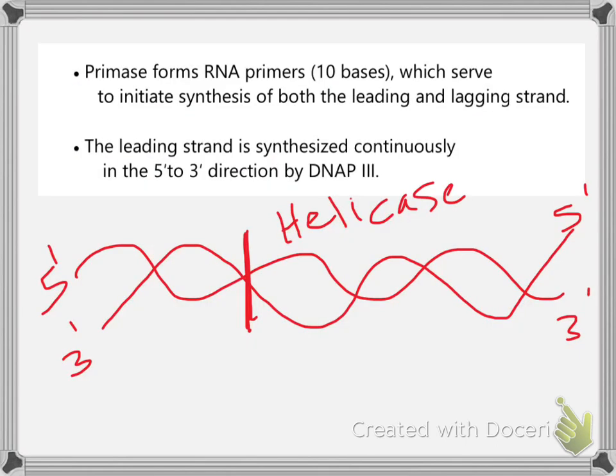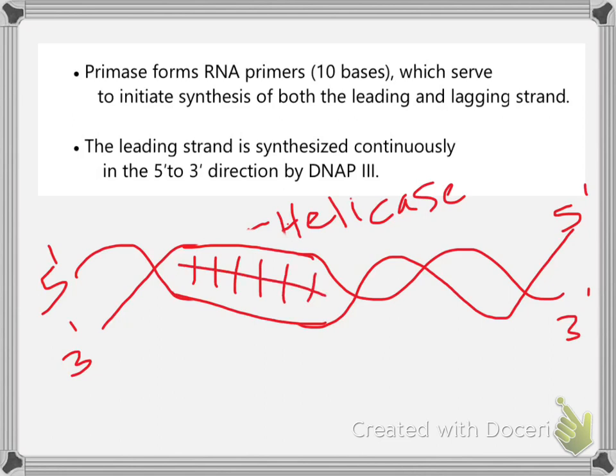Now, we can see that this is the origin of replication. Here the enzyme helicase will bind and it will unwind the DNA. So the DNA will be like this. That is, the hydrogen bonds here are broken down by the helicase. So it will be like this, the unwound DNA.